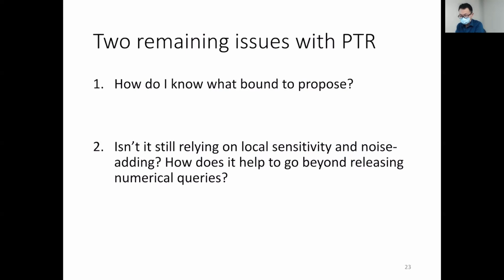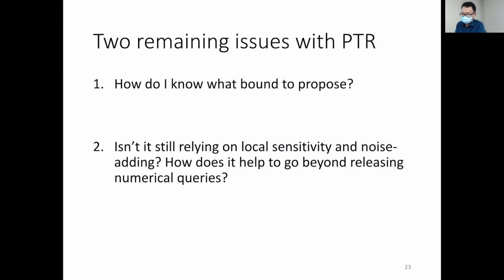And the second issue of the PTR is that, well, we talked about the smooth sensitivity approach being incapable of dealing with non-numerical queries. This issue is addressed in the case of distance to instability.